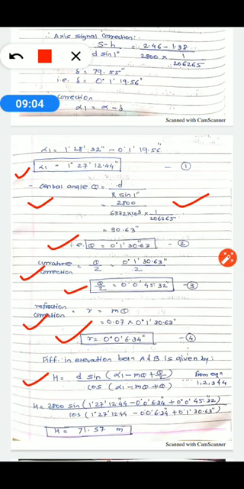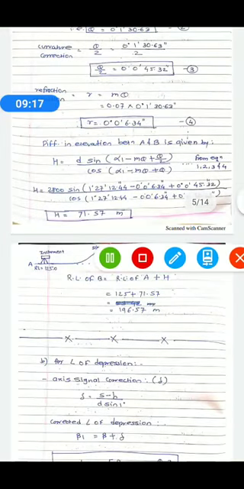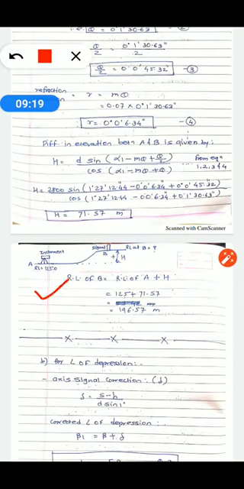After putting and solving, we get H equal to 71.57 meter.